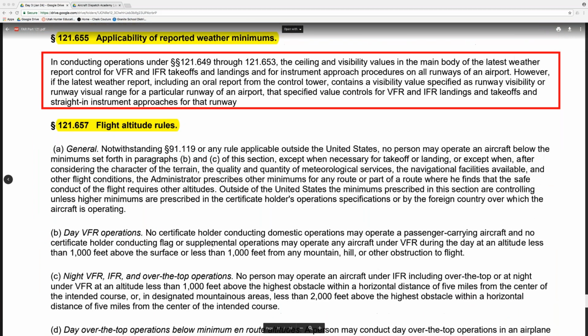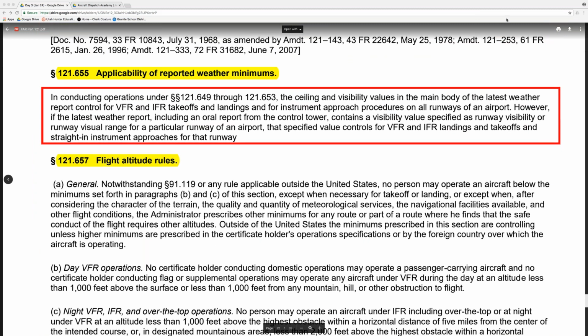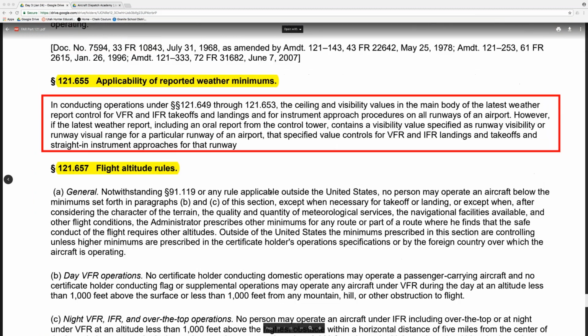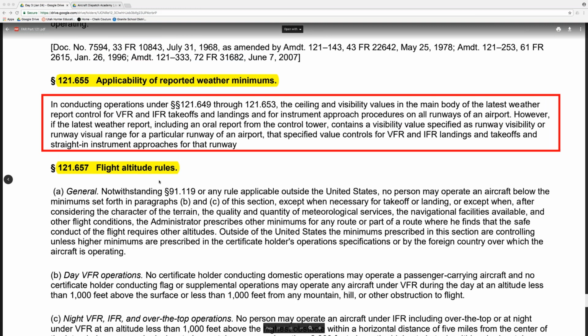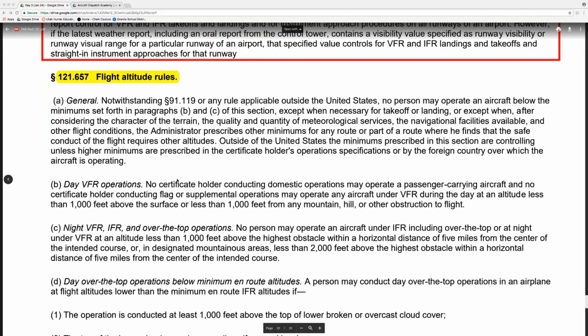Yeah, we had talked about applicability of reported weather minimums, right? Okay, so that puts us into flight altitude rules.